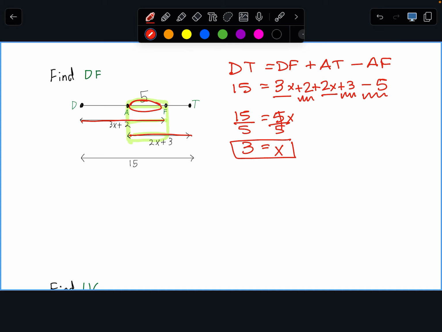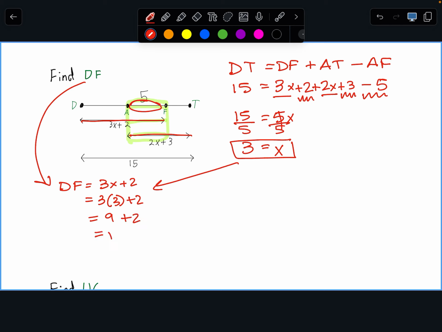Now that's not what I asked you to find though. So DF is 3x plus 2. So that's 3 times 3 plus 2. 9 plus 2 is 11.